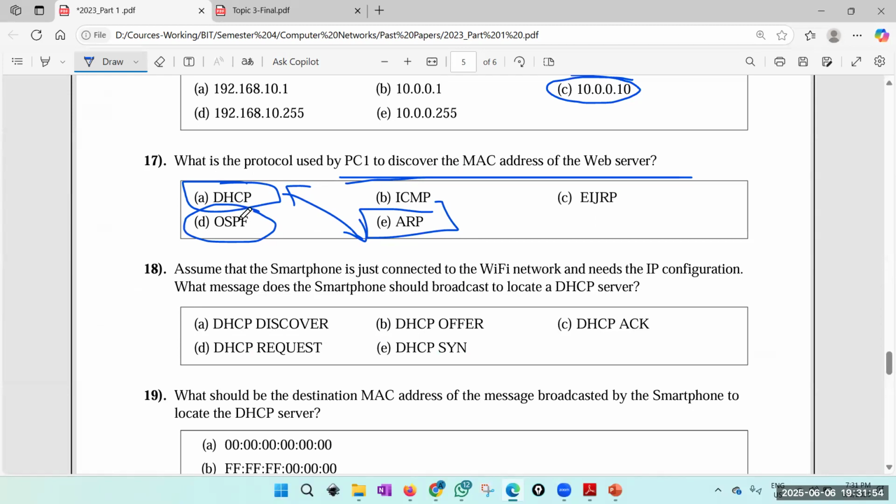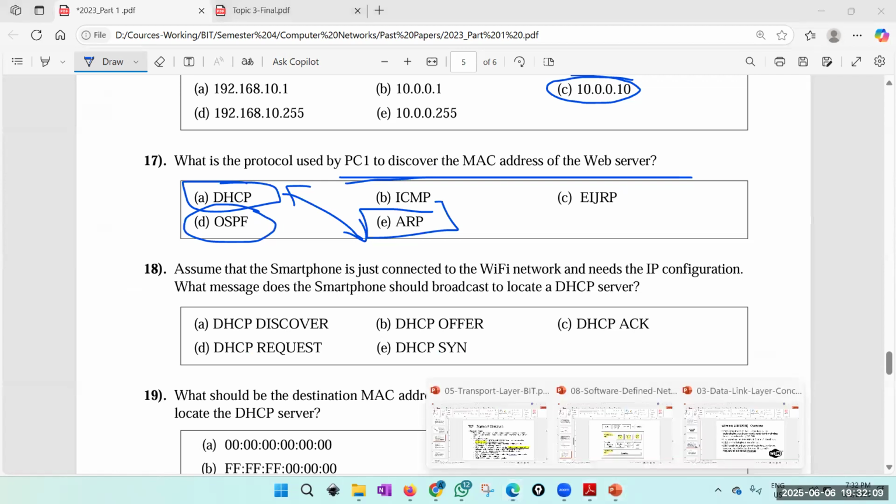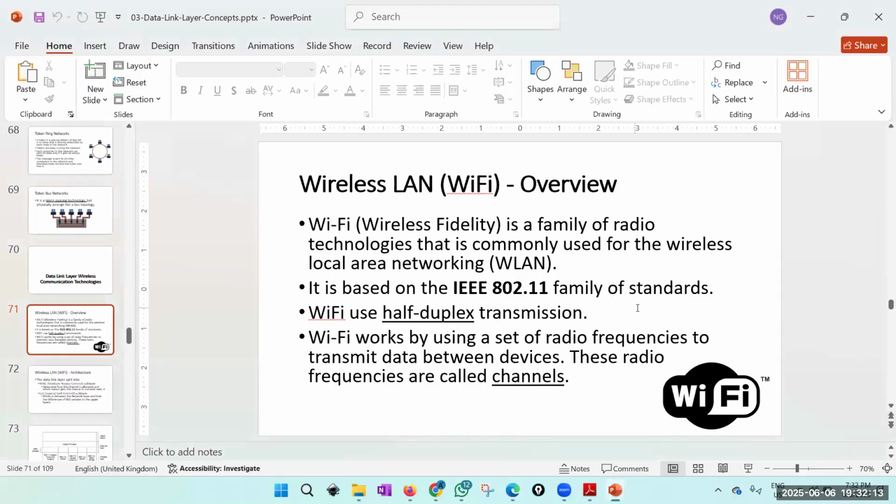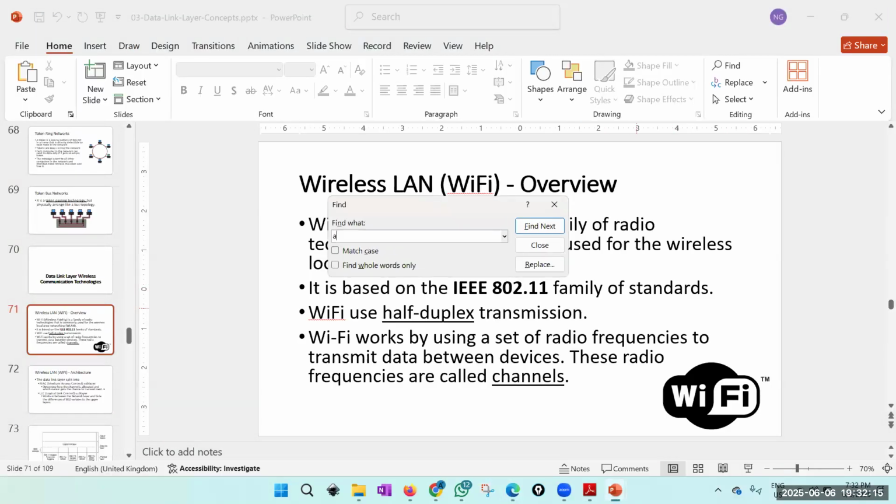I think ARP, because ARP helps you identify a MAC address given an IP and an IP address given a MAC. So shall we double check that? ARP, discuss. Maybe network layer.